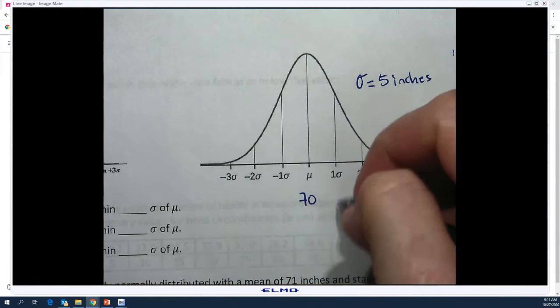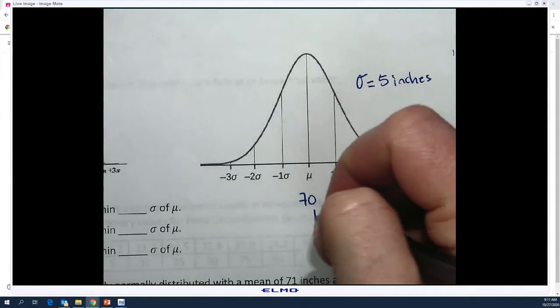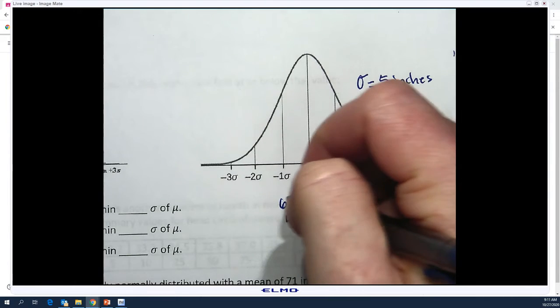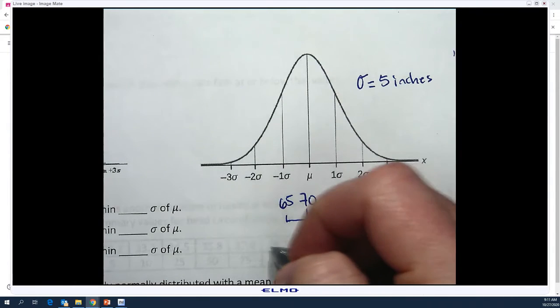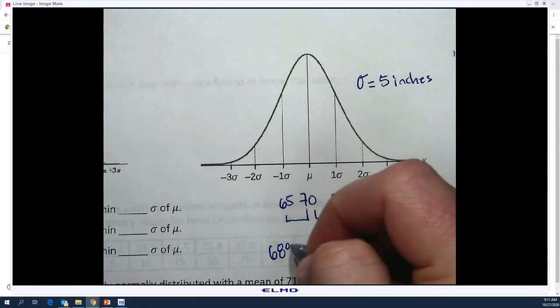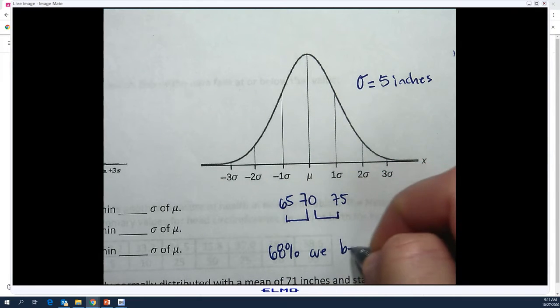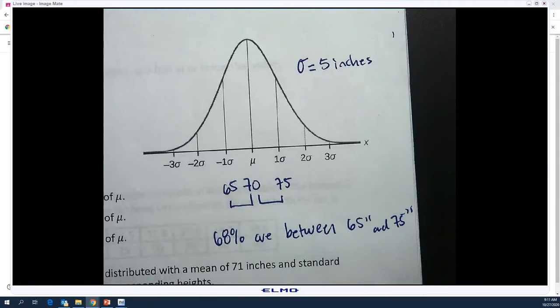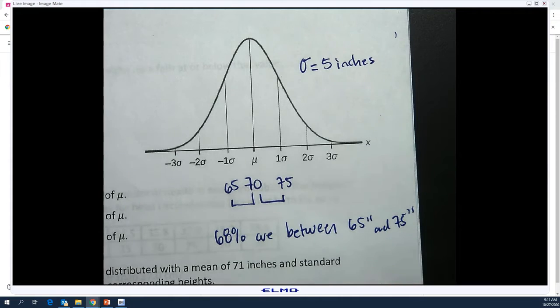What that's telling you, if we go 1 deviation above and 1 deviation below, 68% of the males at this school are between 65 inches tall and 75 inches tall. That is the empirical rule.